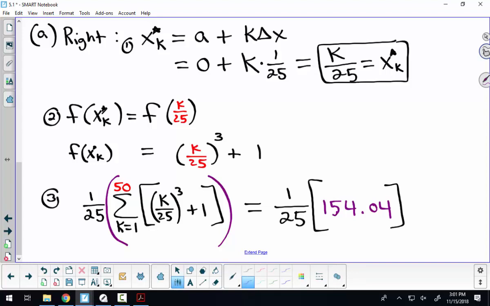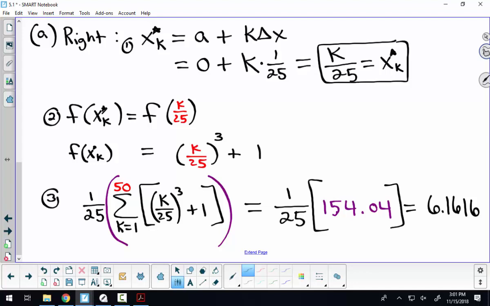Times the 25th gives us 6.1616. That stuff is secondary. We all need to make sure that we're okay with how we've constructed this.